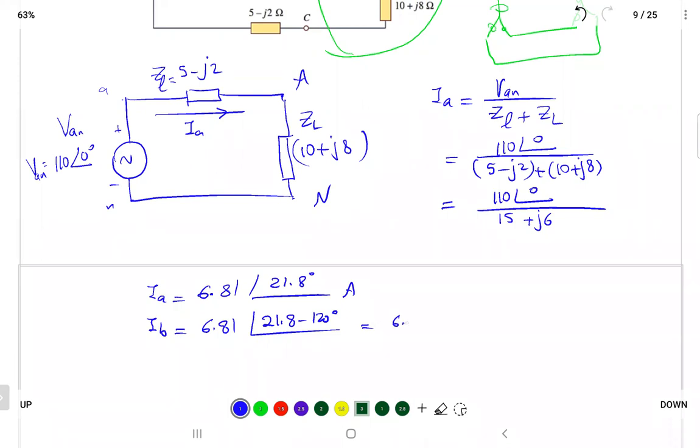That will be 6.81, and the angle will be negative 1... I'm sorry, this is negative. Yes, that's negative. So it'll be negative 141.8.